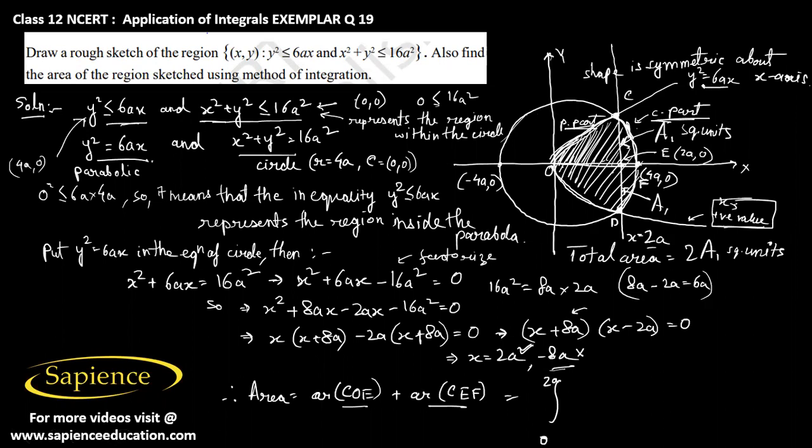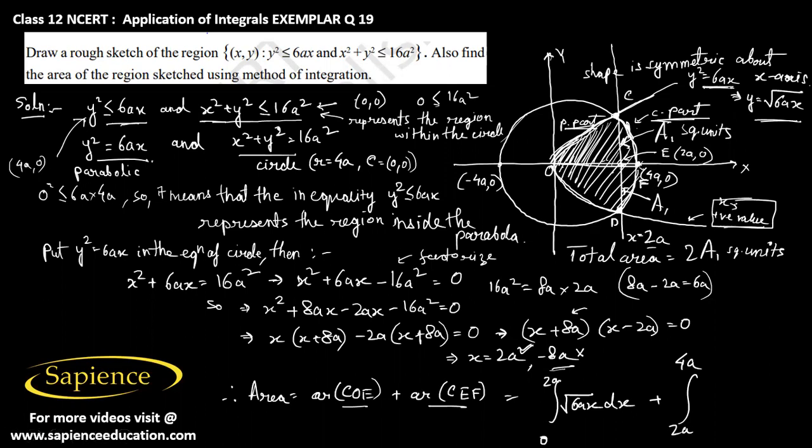If we solve y square equal to 6ax, then we get y equal to root over 6ax. So we have to do the integral of root over 6ax dx, plus we have to take the integral from 2a to 4a, since from x equal to 2a to x equal to 4a, we have to integrate this circular part.